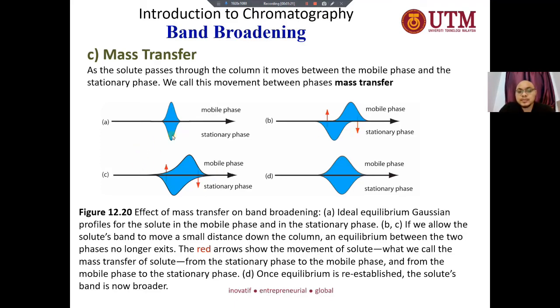When it achieves its equilibrium, it will cause peak broadening. Again, in the ideal situation, the analyte or solute between the mobile phase and the stationary phase will move at the same pace.